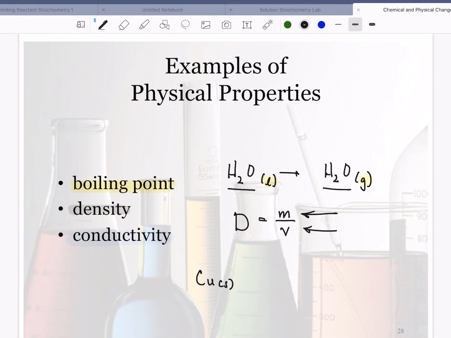No. Hopefully you never have to change the copper wire in your home, because the process of conducting electricity doesn't change the smallest unit. Copper before as a solid, copper after as a solid. Electrons have simply gone through it. Conductivity, electrical and thermal, is a physical property.